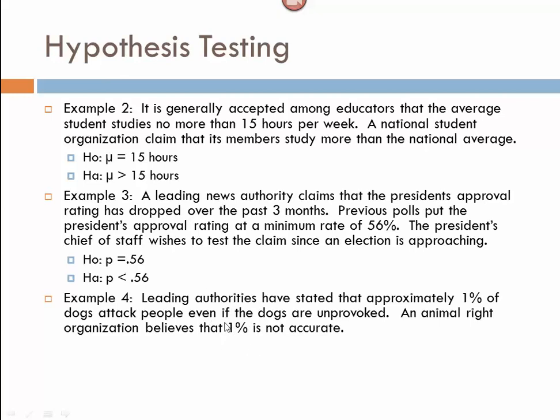But all we're told is that 1% is not accurate. That doesn't lead us in one direction or the other, even if we think, because it's an animal rights organization, they might consider 1% to be too high. But the way the question is worded, it just says 1% is not accurate. That doesn't give us a direction. So our alternative hypothesis is that the proportion is not equal to 1%.